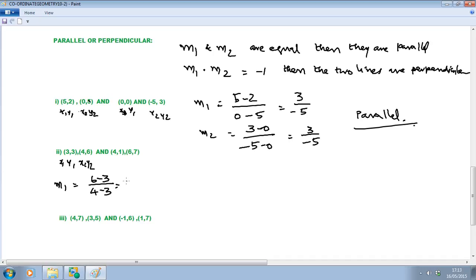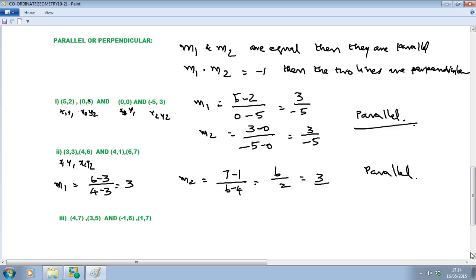The numerator is 3, the denominator is 1, so 3. Next, m2 is 7 minus 1 divided by 6 minus 4, which is 6 divided by 2, equal to 3. So both are parallel.